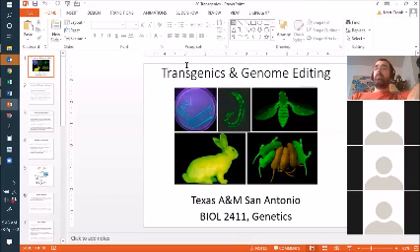Or, which is even weirder and wackier to get your head around, let's say you wanted to see where that gene was expressed, right? And this is stuff that a friend of mine down in Houston has done. Well, now you can take a green fluorescent protein, like what's produced these fluorescent animals here.